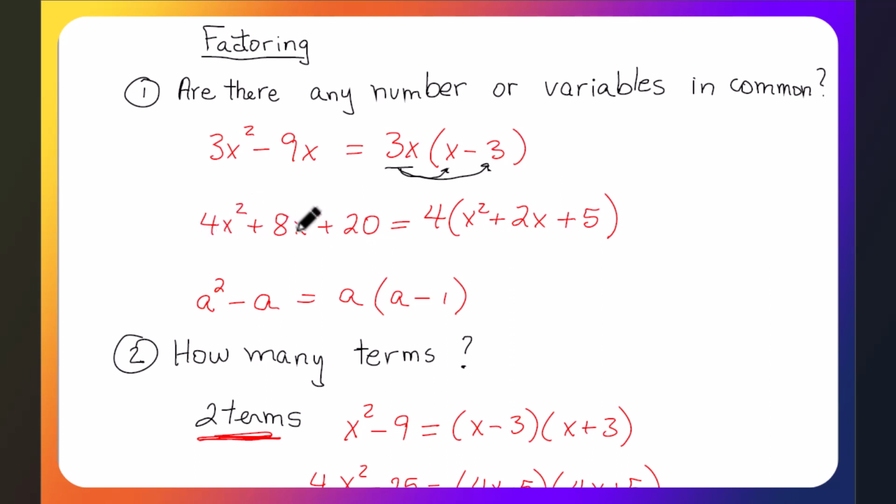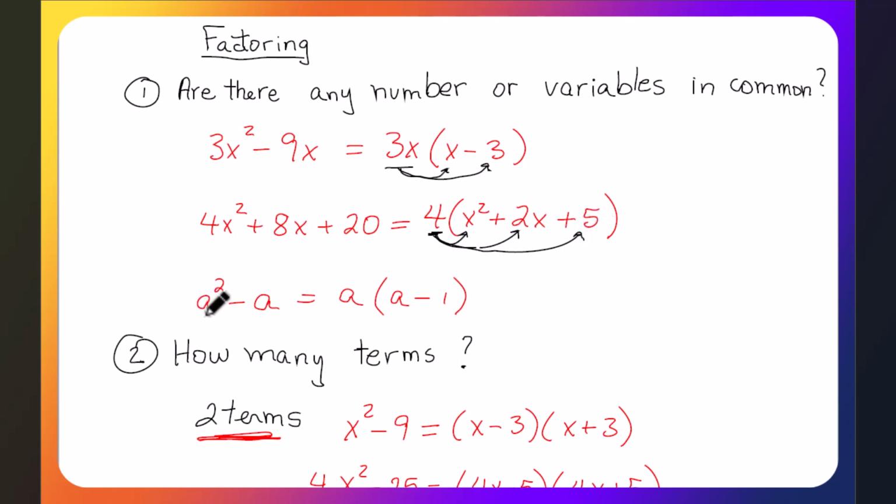I don't see variables in common all the way across, but there is a number in common. So I'm going to take out this 4. And if I take out a 4, I need to make sure that if I multiply it back, I get back what I started. 4x squared, 4 times 2 is 8, 4 times 5 is 20.